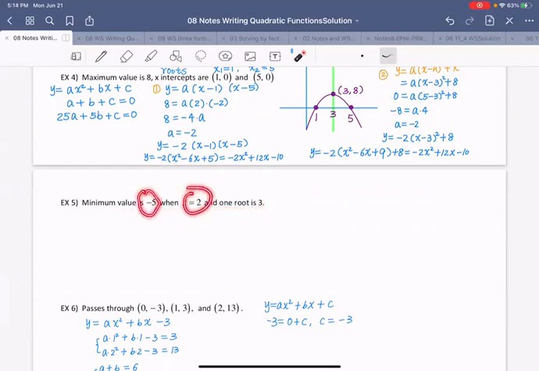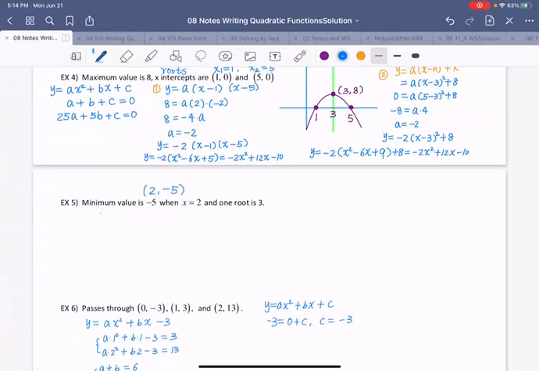What does this mean? Mean value is negative 5 when x is 2. So the vertex is who? Would the vertex be (2, -5)? Very good. Thank you.